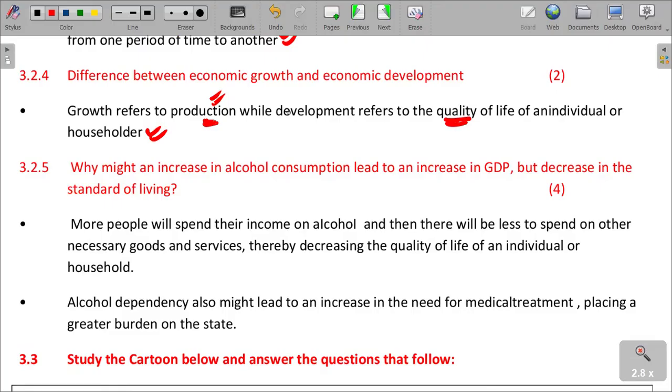Quality of life, that is development. I remember, if you can go back and look into our previous notes and classes, we talk about economic indicators of development. Development measures quality of life that is composed of various factors, and then production is actually the economic growth.